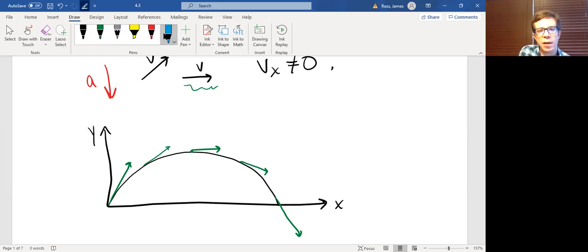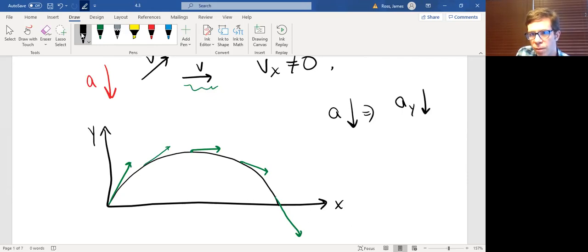All right, keying in again, our acceleration is in the y direction. What does that mean about AY? Well, AY is just that value, and AX is 0. So AX is 0. This implies that VX is constant.